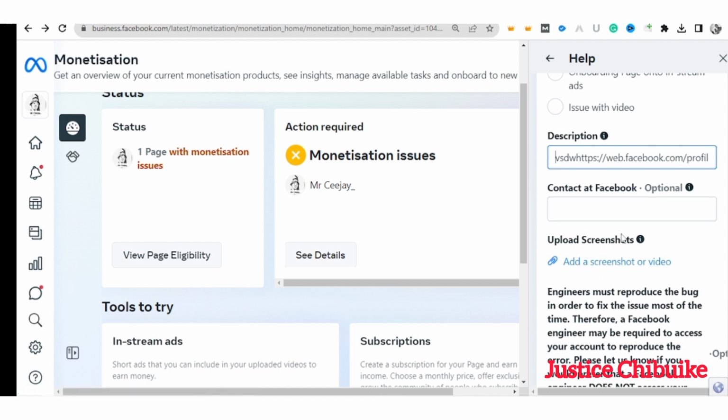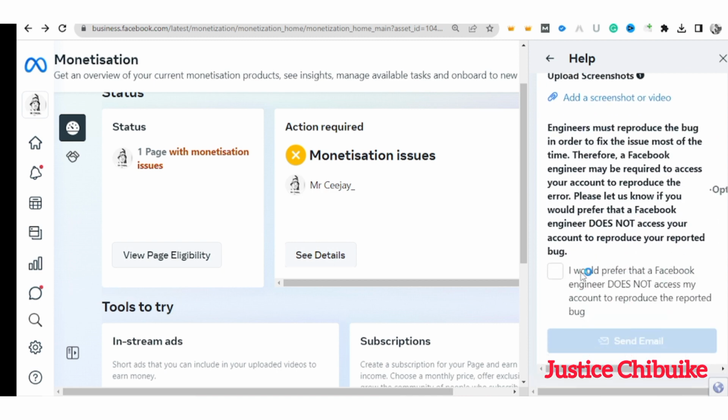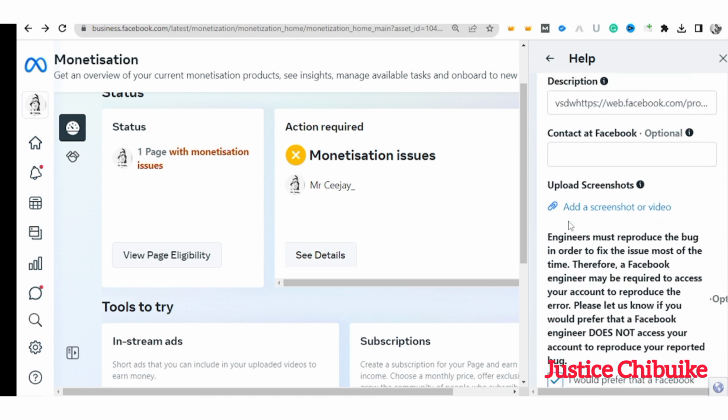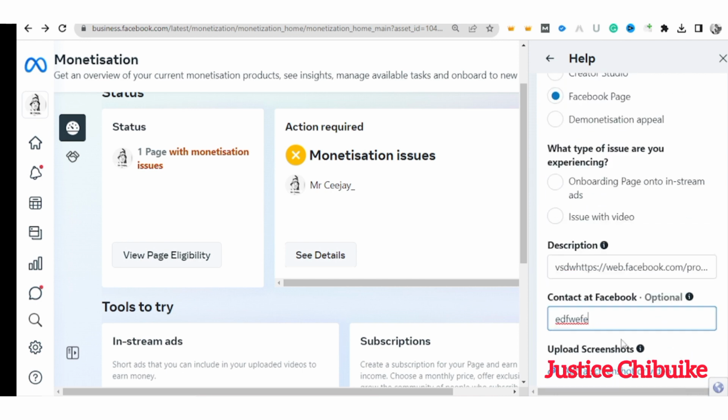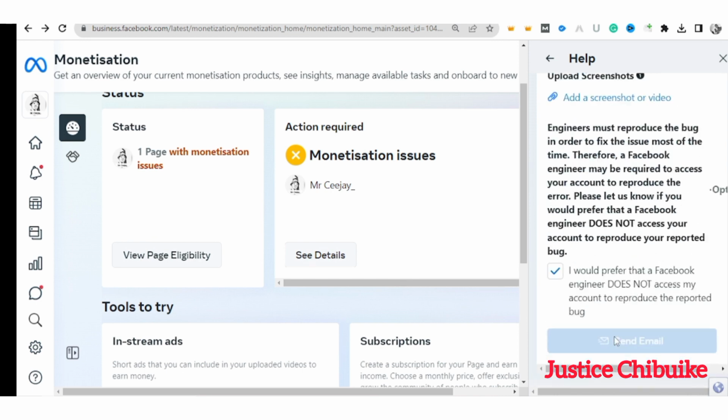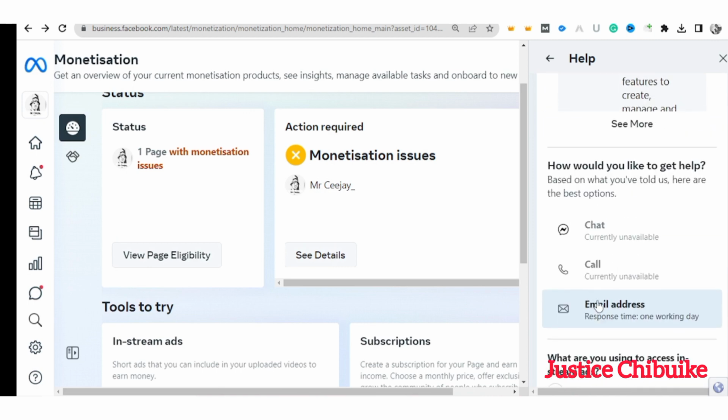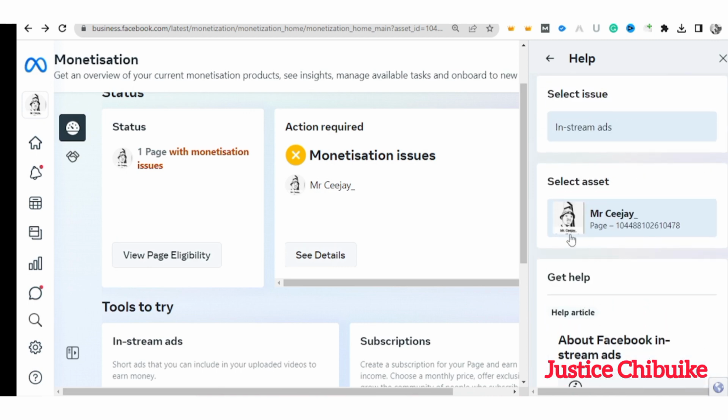So here you are going to give more description of what happened on your page, and you click on I agree, and once all these are done, the send email is going to pop up and you are going to send the email over to Facebook. Okay, so that is how you contact Facebook. This is the first way.